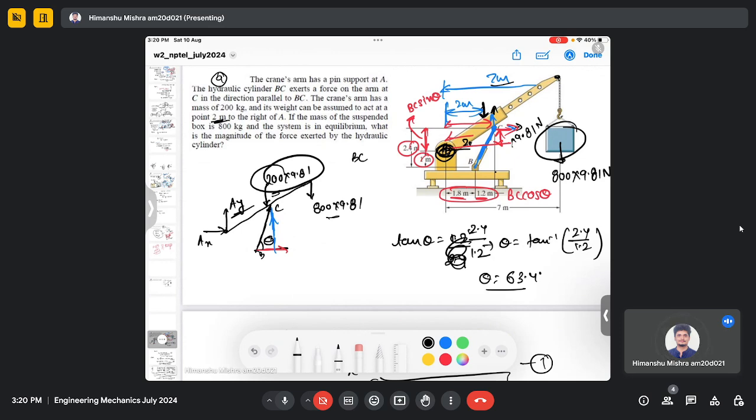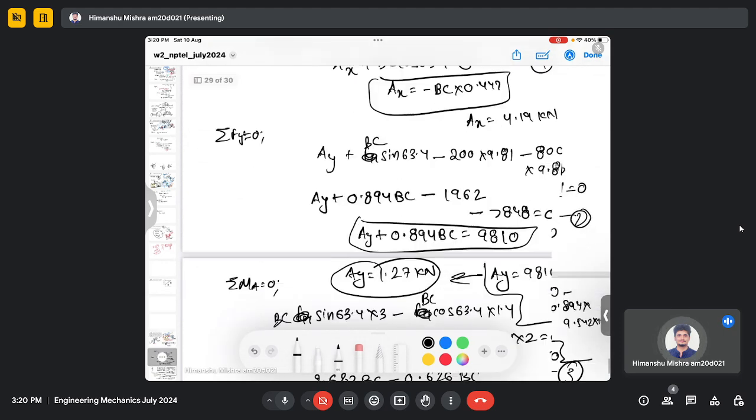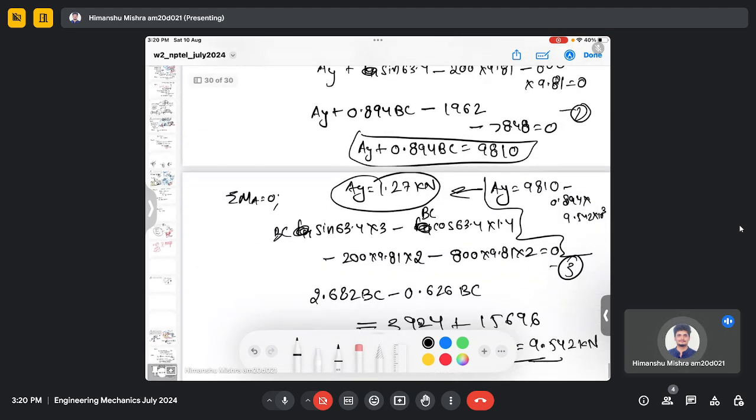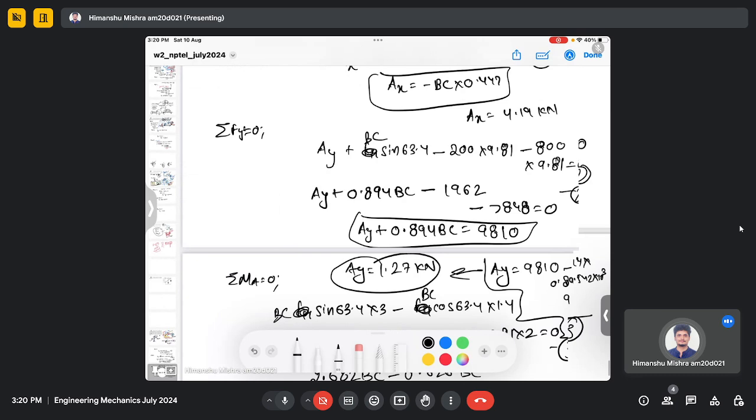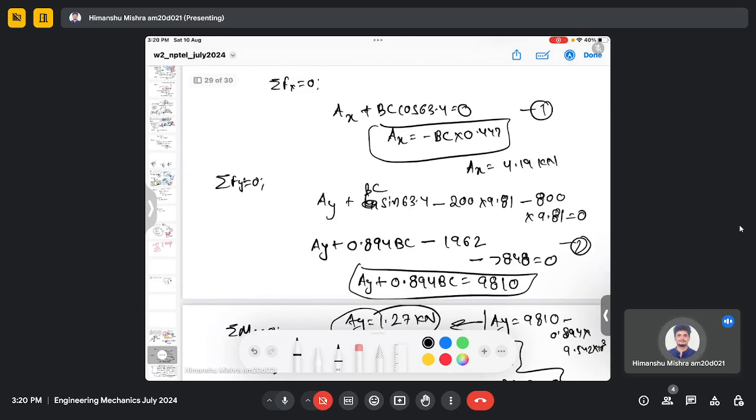You can choose any point to take moments, but you should be aware that the algebra should be simplified, because if we choose the moment from point A, you can see that by using only the moment equation we are able to find the force in the cylinder. We don't need to use the force equilibrium equation separately.